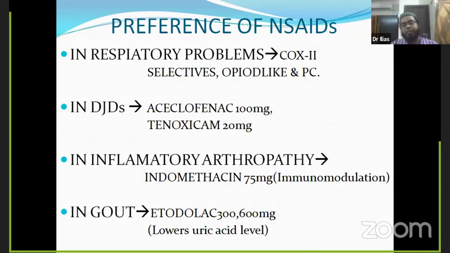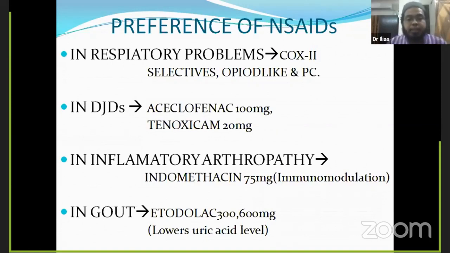So whenever a patient is coming to you with the degenerative joint diseases, we should prescribe the aceclofenac or the tenoxicam to reduce down the pain, because we'll be getting extra benefit other than reducing down the pain. But if we prescribe the etoricoxib, the indomethacin, or the naproxen unknowingly, actually that will have some bad effect on the cartilage, though this will reduce down the pain. Okay, I think it is clear to you.